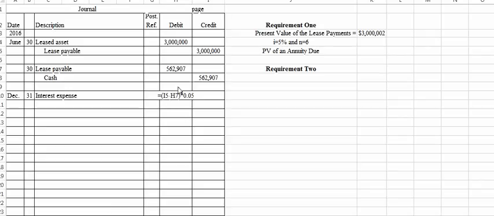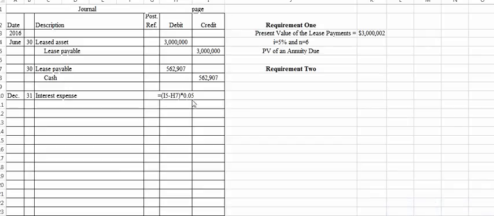Going back through the formula, you take your credit to lease payable, the $3 million, minus the debit to lease payable, $562,907, times the interest rate for a half year. That wasn't incorrect. It's just a higher number than I was expecting.